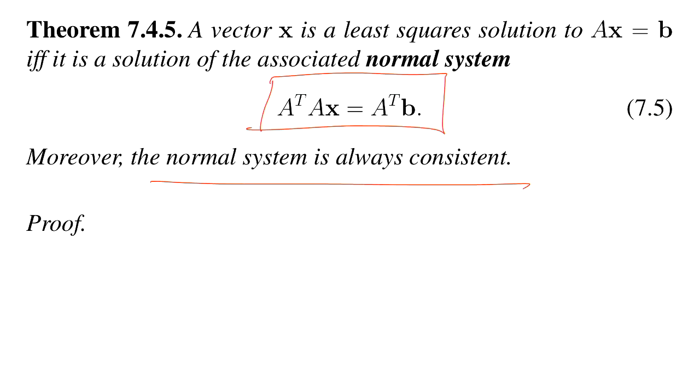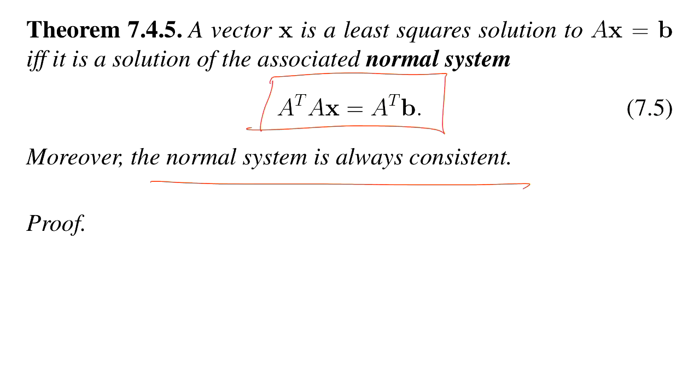So you start off with any A at all, doesn't matter how horrible it is. You take A transpose A, and you take A transpose B, and you try and solve that corresponding linear system. That thing has solutions. Somehow multiplying your original equation by A transpose forces it to be consistent.